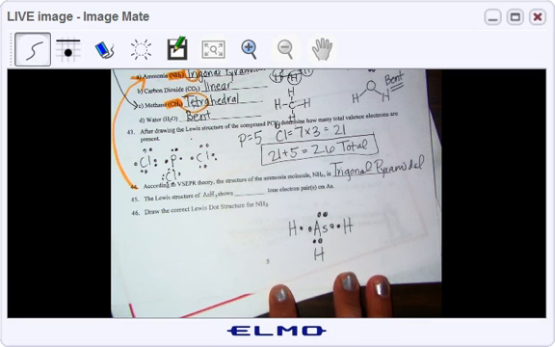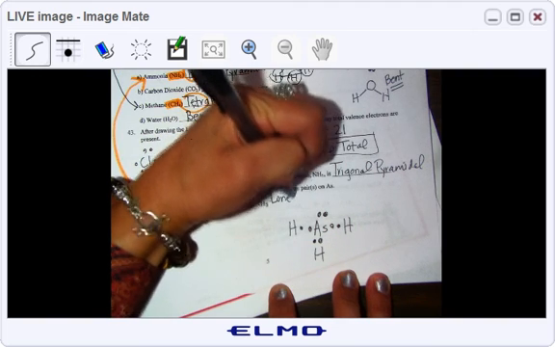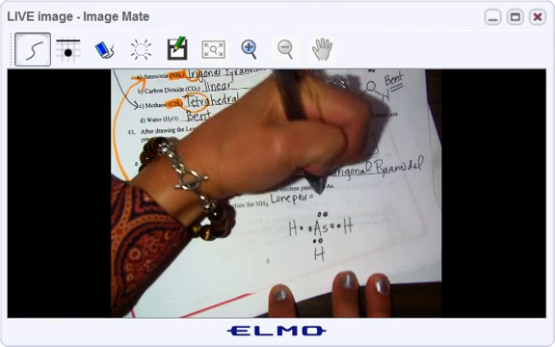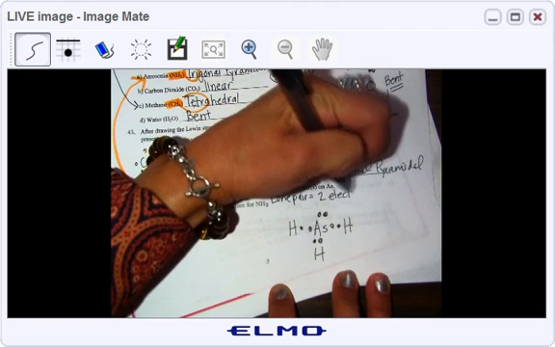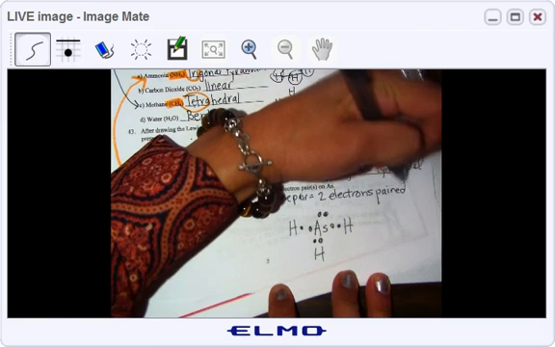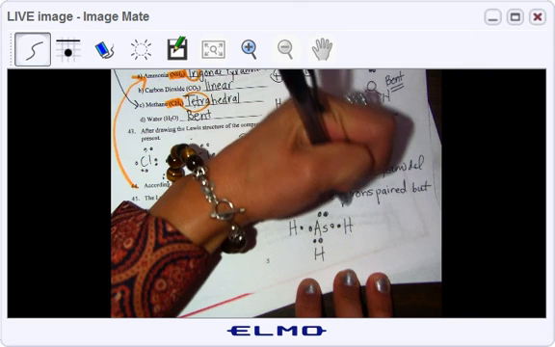Okay, and it's asking how many lone pairs are there? You need to write this down. A lone pair consists of 2 electrons paired but not used in bonding.